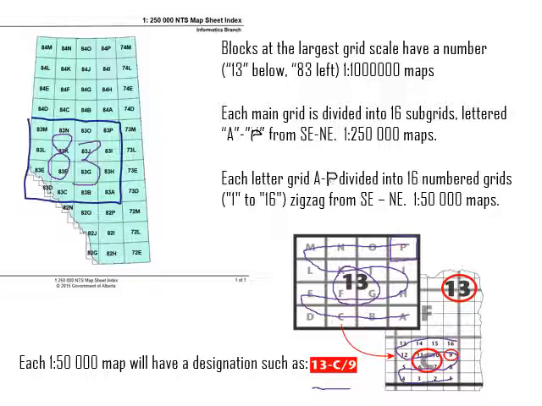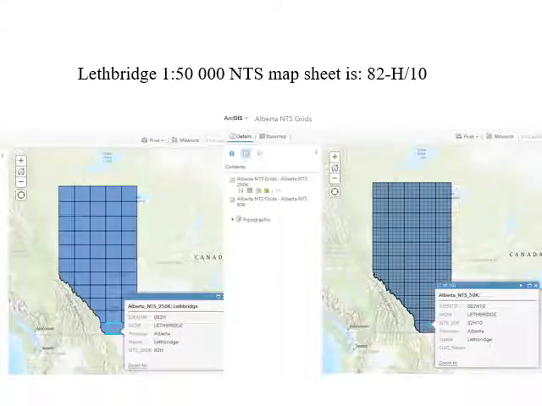So this particular map sheet, 13C9, would be your map sheet 13, C, which is this particular subsection, and then number 9. So here is your map sheet at 1 to 50,000. And 1 to 50,000 is generally the largest scale map that the Canadian NTS system maps for the entirety of Canada. Lethbridge is situated on the 1 to 50,000 NTS map sheet number 82H10.